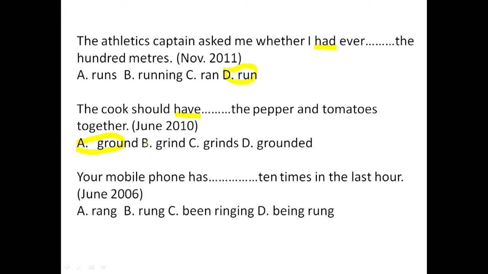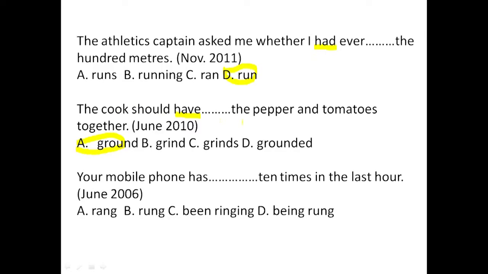B, grind, is wrong. We say we use have, has, had and having with forms of the past participle.